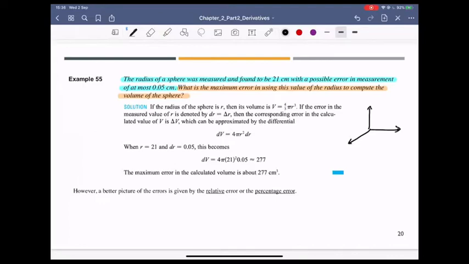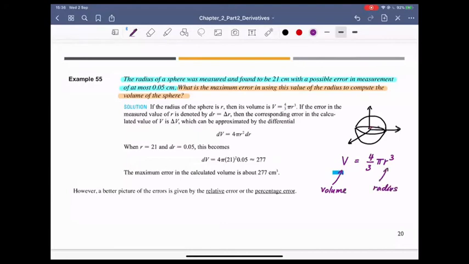You have a sphere, which is this shape, and when you have a sphere, your equation is V equal to 4/3 pi r cubed. This is the equation that shows the relationship between the volume and the radius.